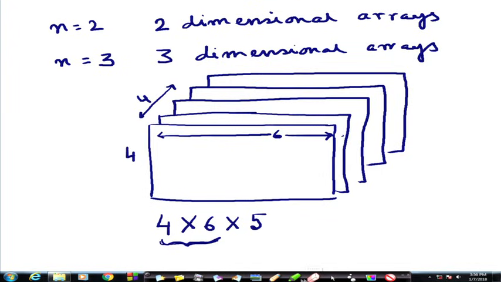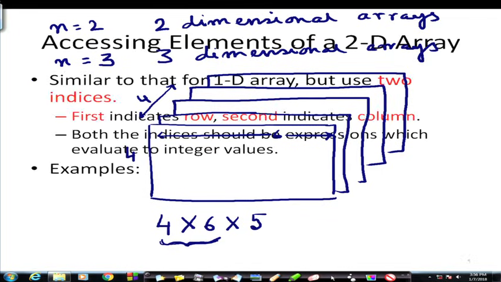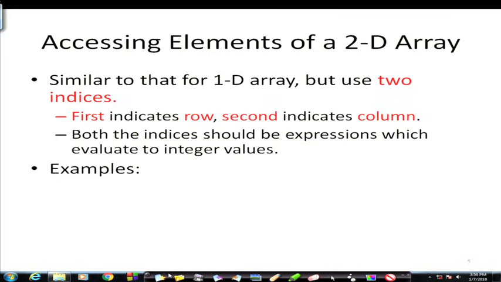All right. So, examples are x[m][n]. Whatever the m value is, m has to be an integer.